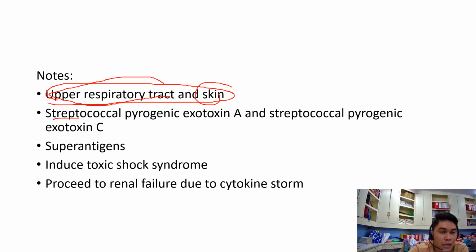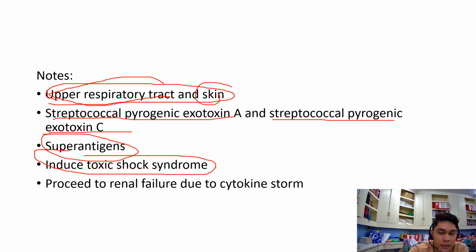Next, streptococcal pyrogenic A and streptococcal pyrogenic C are superantigens that can induce toxic shock syndrome. And remember, if there's toxic shock syndrome, you have increased cytokine production, then recruitment of immune cells to a particular organ. For example, in the kidney you have accumulation of immune cells, and that can cause renal failure.